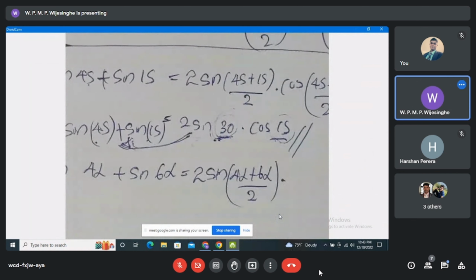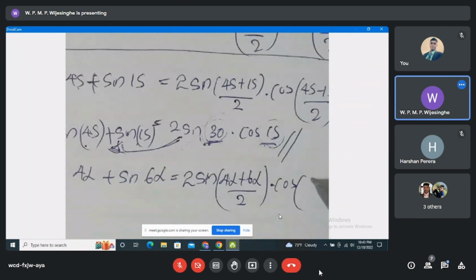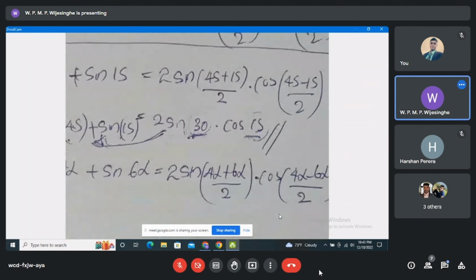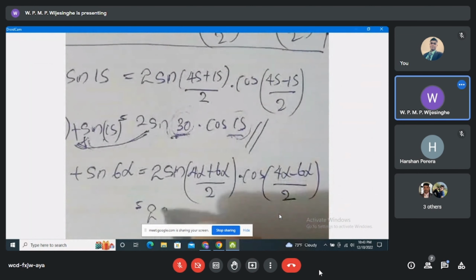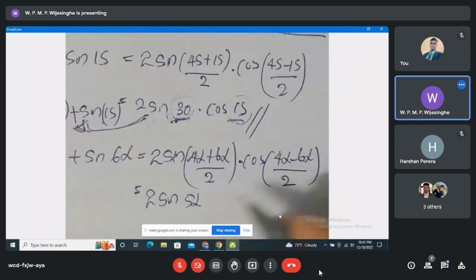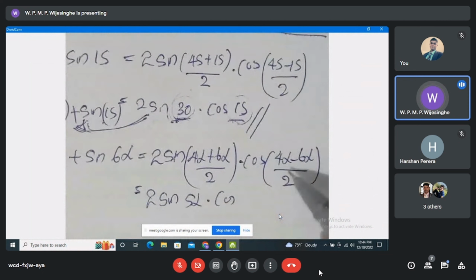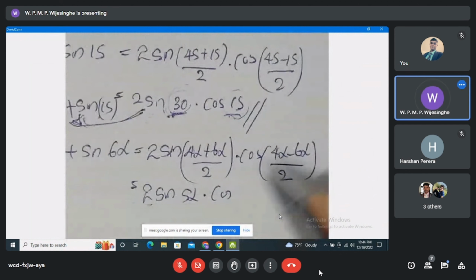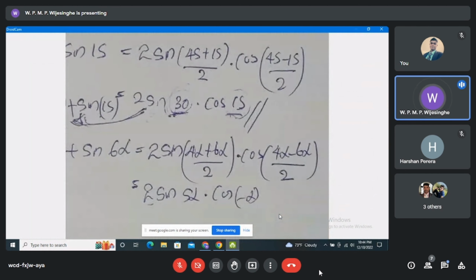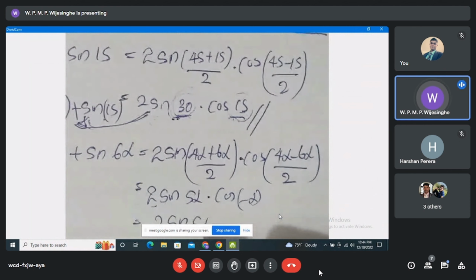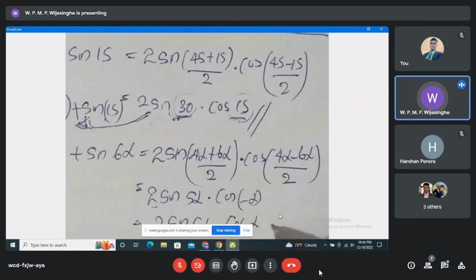Times cos (4 alpha minus 6 alpha) divided by 2. Then it is 2 sin 10 alpha divided by 2, it is 5 alpha. Cos, 4 alpha minus 6 alpha, it is minus 2 alpha divided by 2, it is minus alpha. You know the negative angle of cos, it is cos alpha. So 2 sin 5 alpha cos alpha.